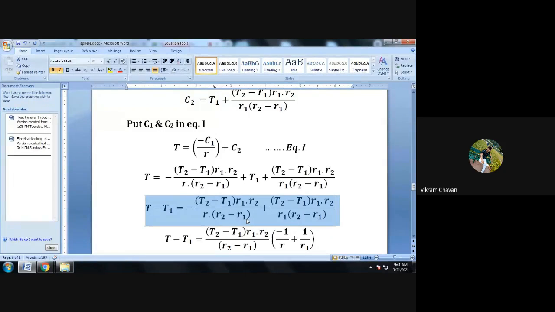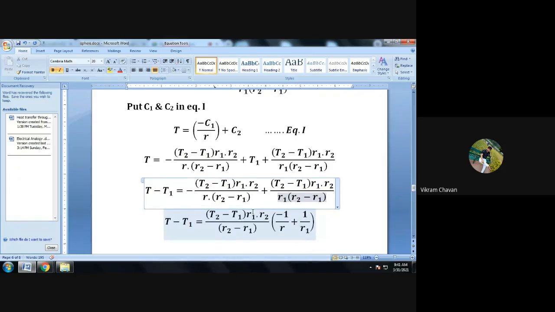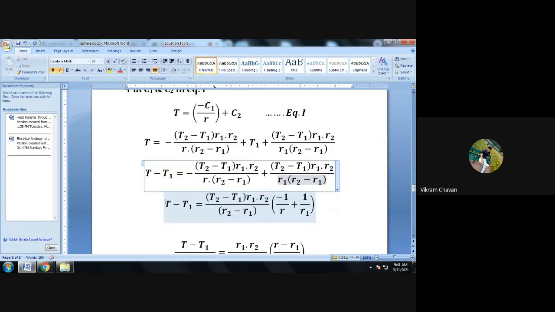And inside the bracket, what will remain? From the first term, minus 1 upon R will remain, and from the second term, plus 1 upon R1 will remain. So we'll get the equation T minus T1 is equal to T2 minus T1 multiplied by R1 multiplied by R2 divided by R2 minus R1, and inside the bracket, minus 1 upon R plus 1 upon R1.